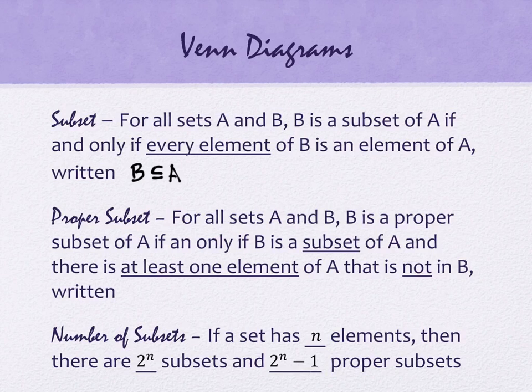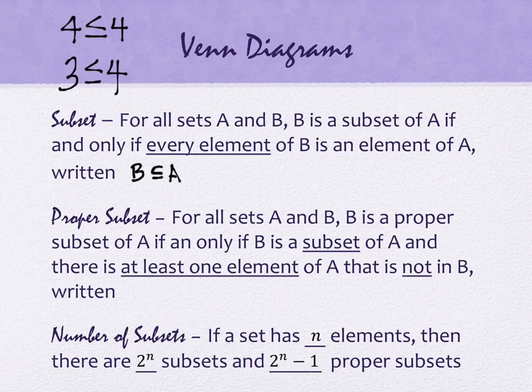I'll use numbers: 3 being less than or equal to 4 means that it's smaller, right? That's one possibility. Or, while it feels weird, I could actually write this, and it would also be true, or equal to. So it's the same idea. B is smaller than or equal to A, so they could actually be the same thing, but it also has this extra feeling of being contained inside of.